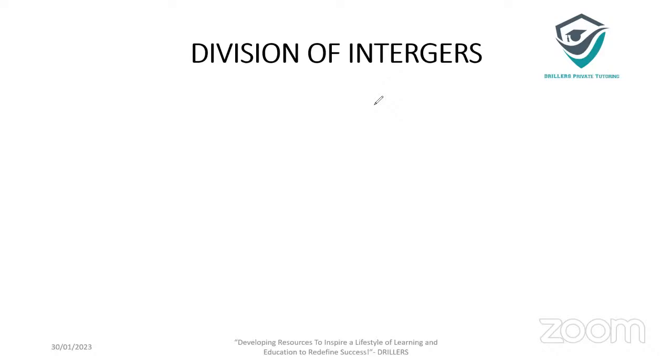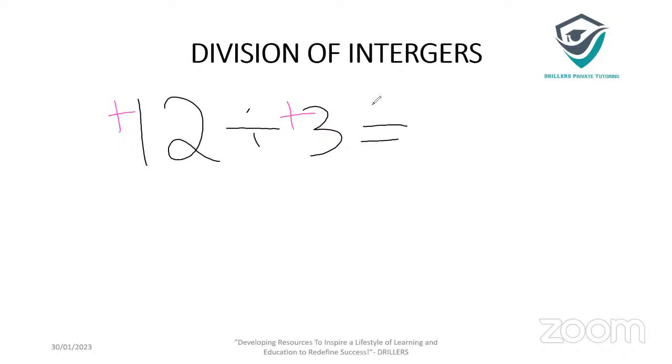So let's just say I have 12 divided by 3. I know both of them are positive integers, so if I wanted, I could rewrite it as a fraction.